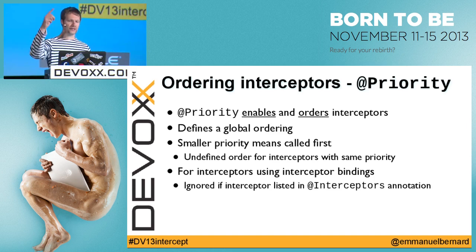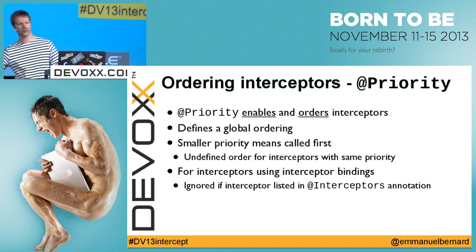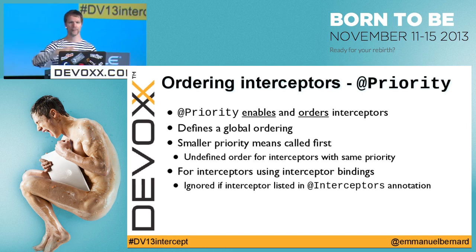Let's now focus on the global @priority. So remember, our objective was to be able to express ordering between Jakarta EE platform interceptors in a portable way. So what we did is add the notion of @priority on a given interceptor. The smaller the priority, the earlier it is called in the stack, and the bigger the priority, the later it is called in the stack. Of course, if two interceptors have the same priority number, we pick randomly which one to execute.